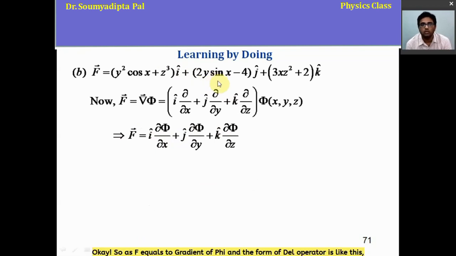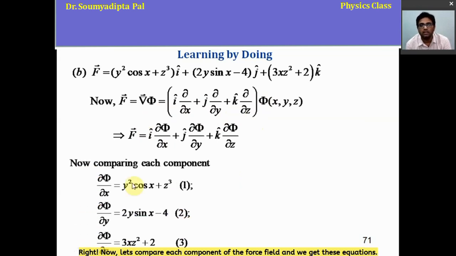So as F equals gradient of phi, and the form of the del operator is i cap ∂/∂x plus j cap ∂/∂y plus k cap ∂/∂z, we can write this equation, right? Now let's compare each component of the force field and we get these equations.